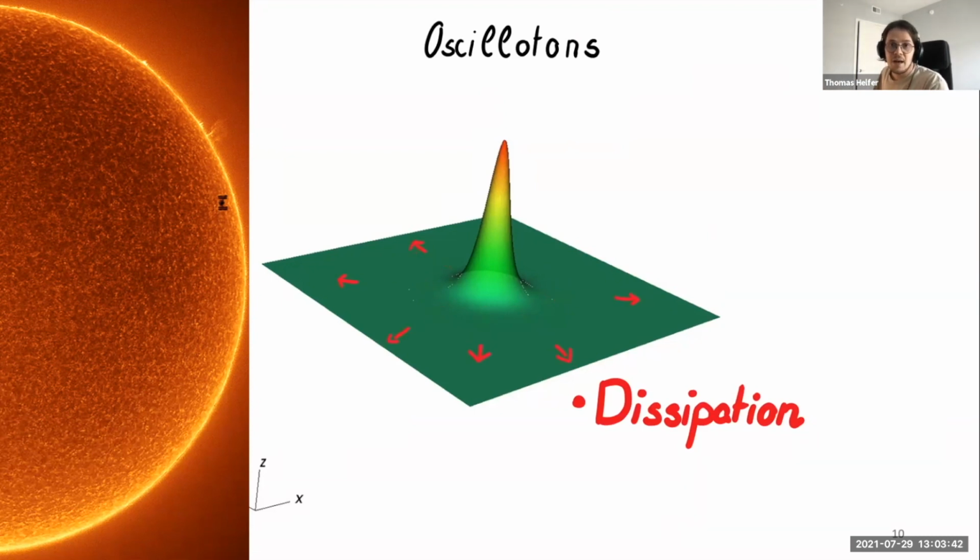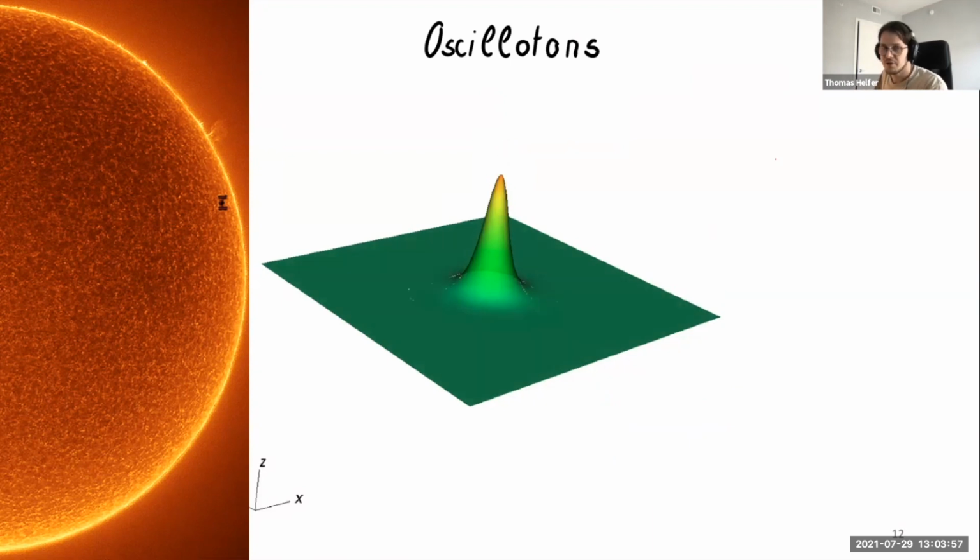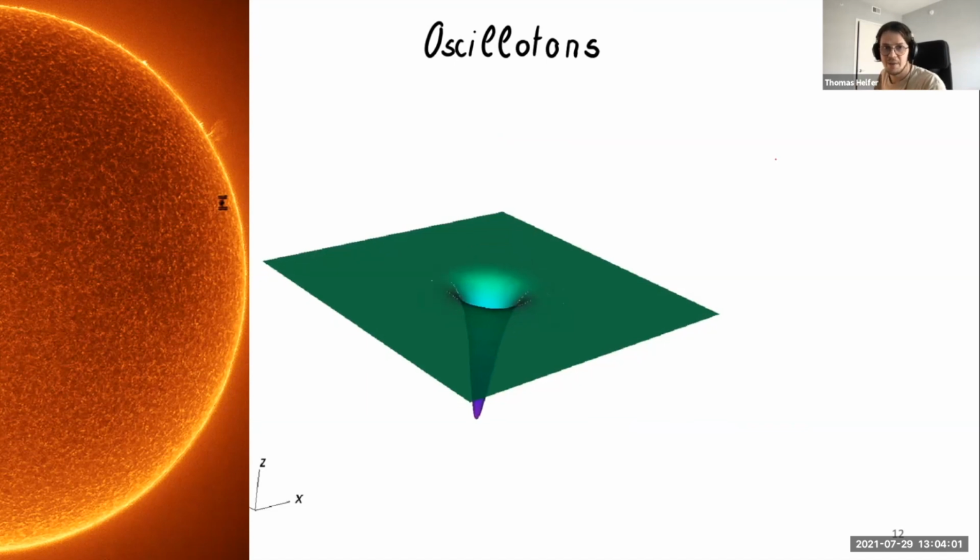However, we are fully coupled to GR. So due to the self-gravity, we contain this wave, and we effectively have a wave in a potential. It's very similar to the wave in a box model that probably everyone studied in quantum mechanics.